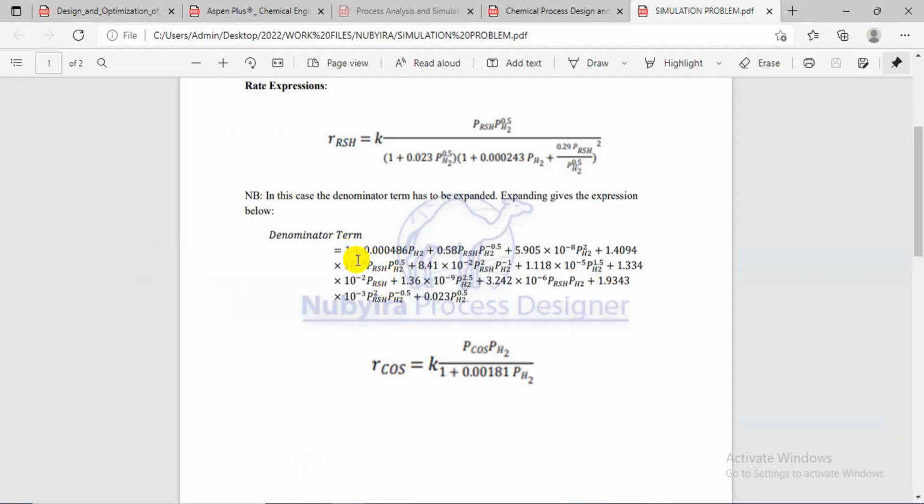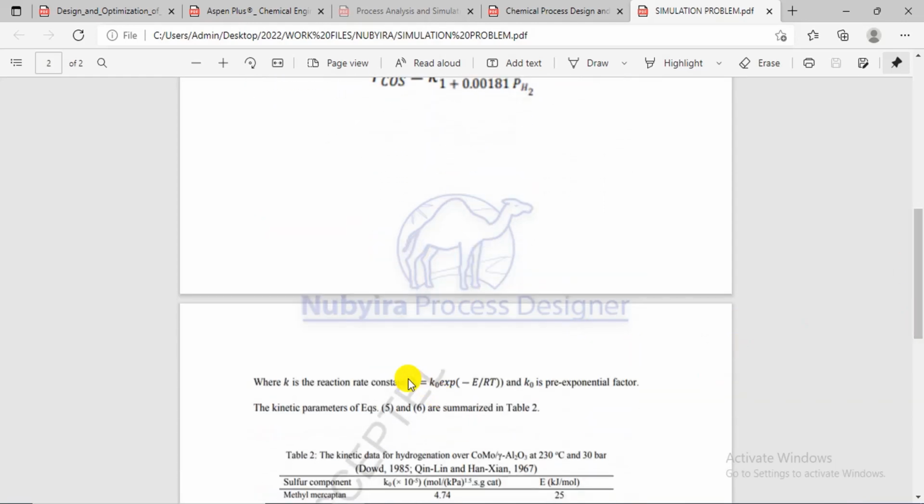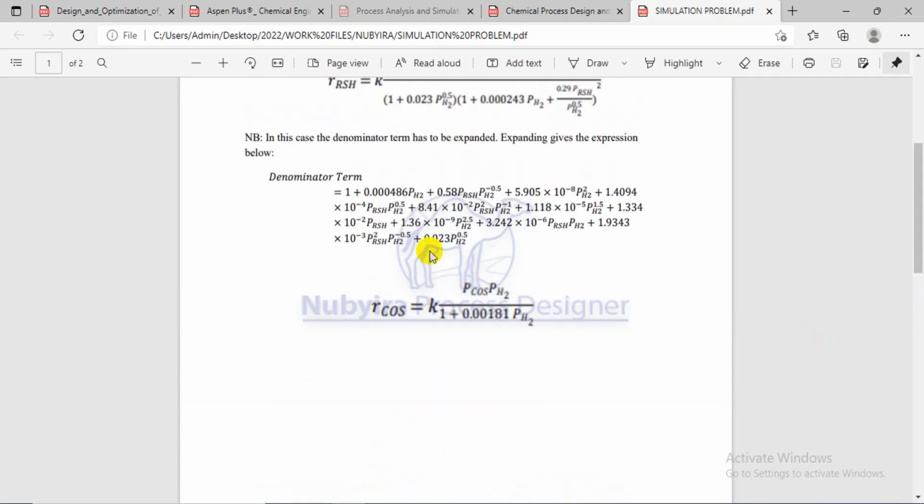Now you have 1, the next term is 0.00486 pH2. If you model it to look like this, which is K is equal to K0 exponential minus E over RT, you would notice that this particular expression just has a value for the pre-exponential factor.